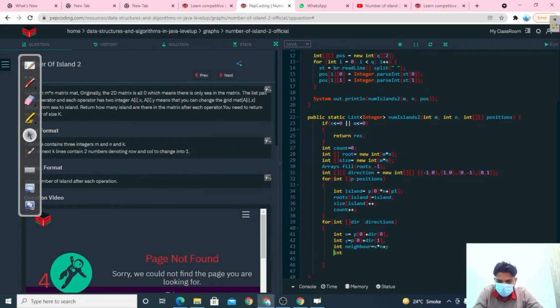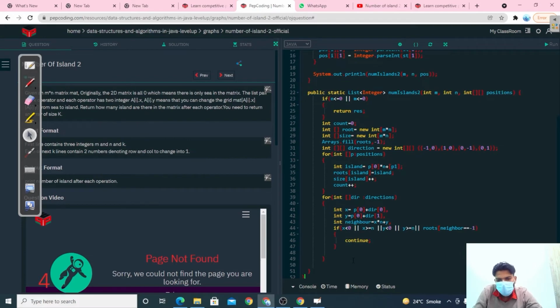Then we have to check: if x is less than 0, or x greater than or equal to n, or y less than or equal to 0, and parallelly y greater than or equal to n, and roots of neighbor equal to minus 1, what we are going to do is go and continue.